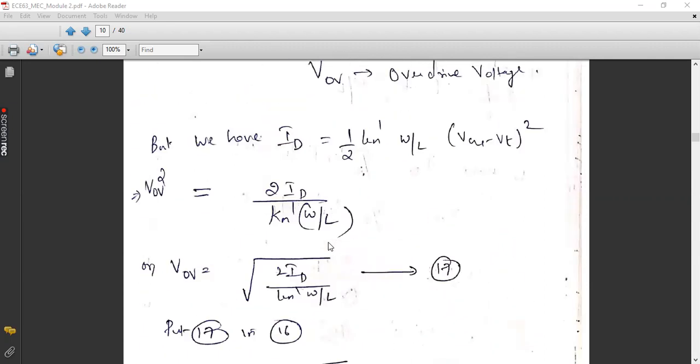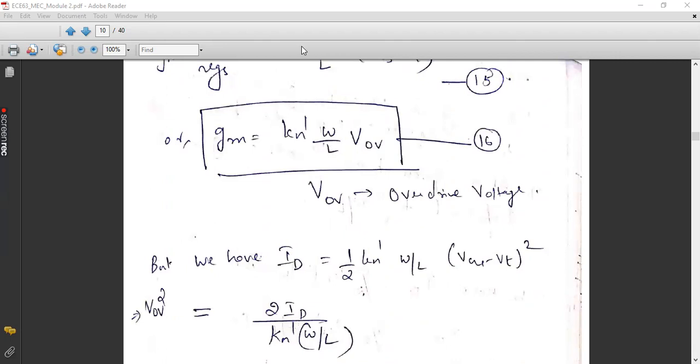Now we are going to substitute this in equation number 16. As per equation number 16, GM is in terms of overdrive voltage. So now we are going to manipulate this equation, substituting VOV in terms of ID. I hope you are writing.